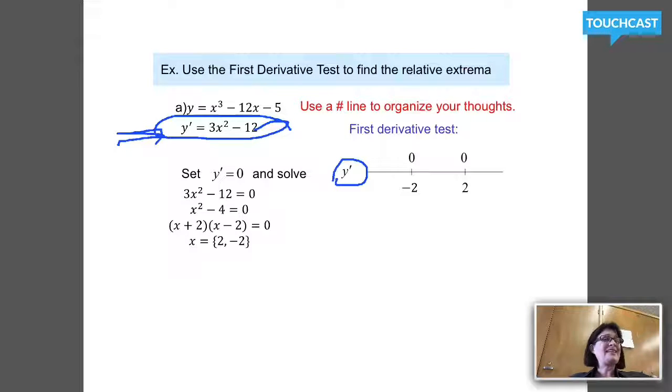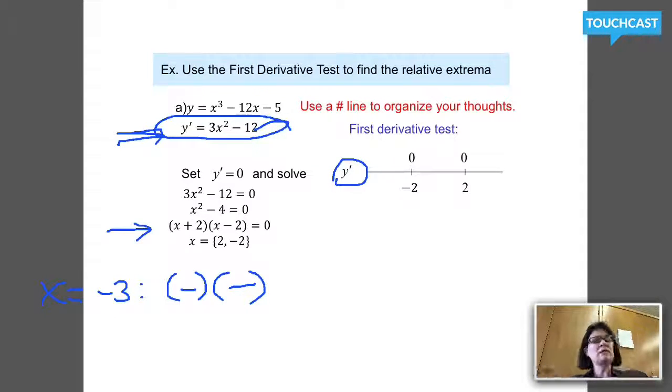I'm going to test a point on each interval. Let's see, I can imagine testing x equals -3. I'm looking here. -3 plus 2 is negative. -3 minus 2 is also negative. A negative times a negative would make that whole section of the number line positive.